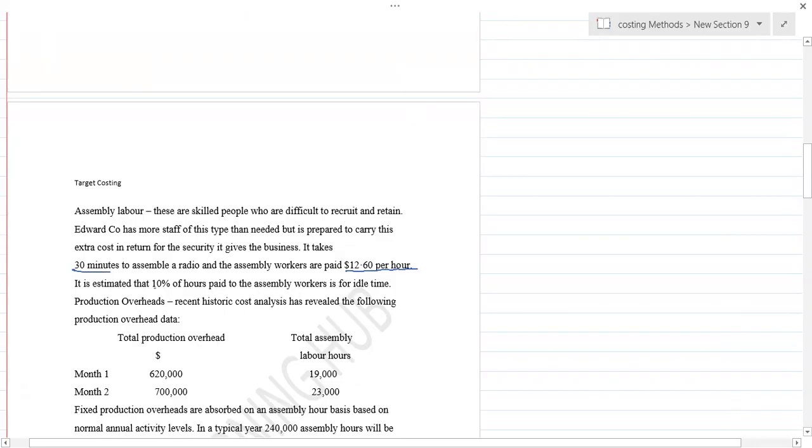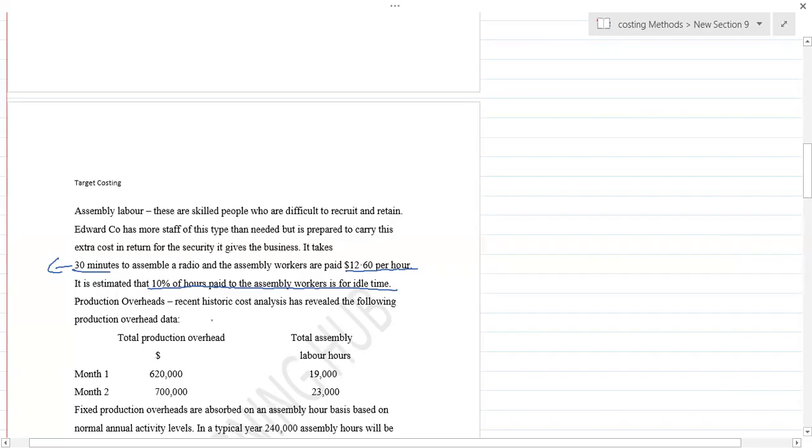It is estimated that 10% of hours paid to the assembly workers is for idle time. The hours we are paying, that is not 100%. The labor is not working 100%. 10% is idle time of the labor. This 30 minutes is required for the radio assembly, so this is your productive hours. Okay.